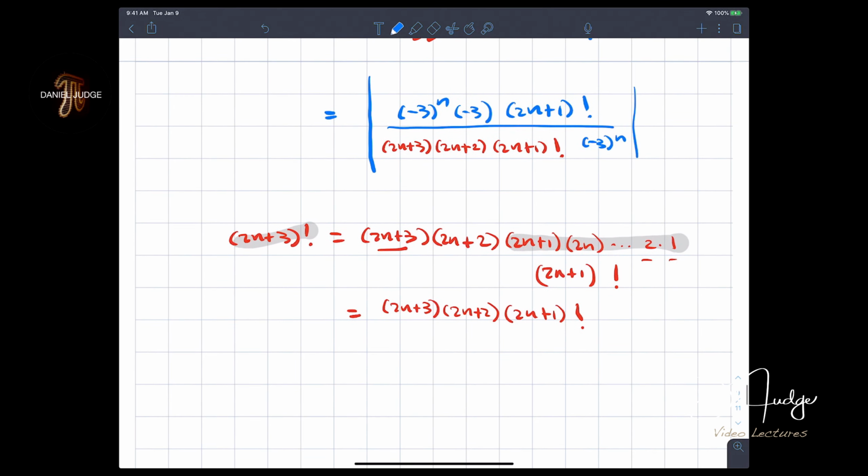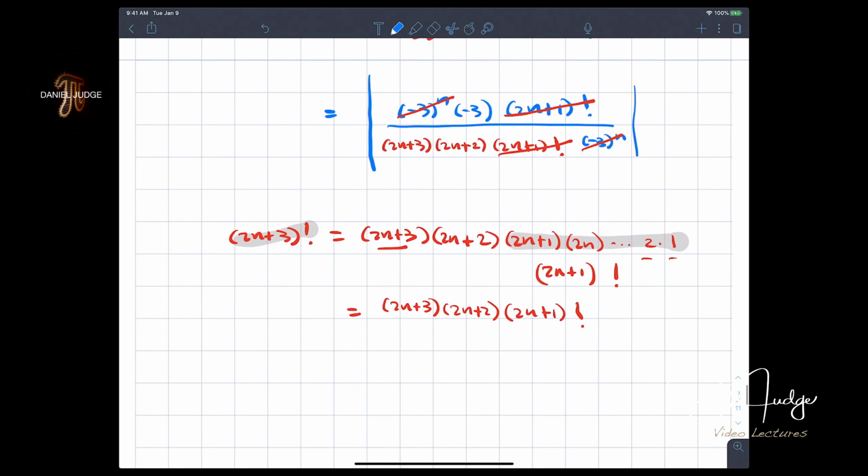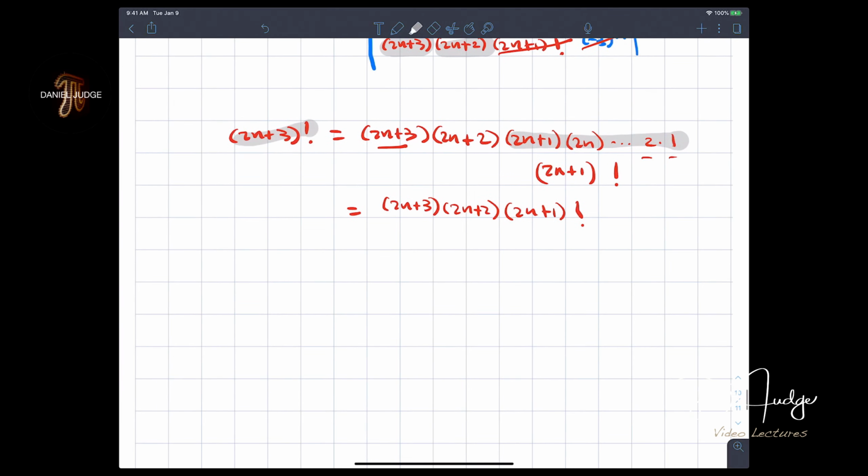The reason you write it this way is that your (2n plus 1) factorials cancel, and negative 3 to the n is also gone. So you're really left with negative 3 over (2n plus 3) times (2n plus 2), inside this absolute value.